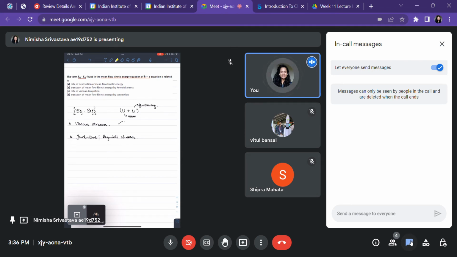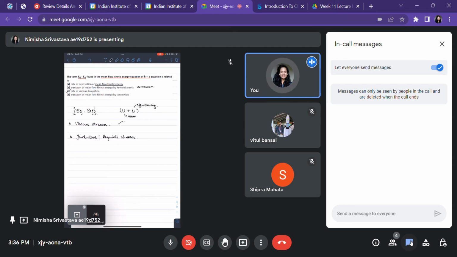Then transport of mean flow kinetic energy by Reynolds stresses. This is not what we're talking about either, because transport is always related to convection, and this is not related to convection. Rate of viscous dissipation, yeah, that sounds right.